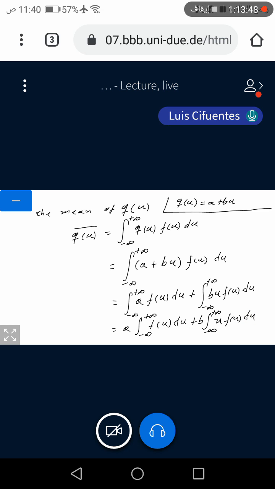But remember that this integral here is just the mean value of U. And this other integral, as we know, is equal to 1. So this part here is equal to 1, and this part here is just the mean value of U.